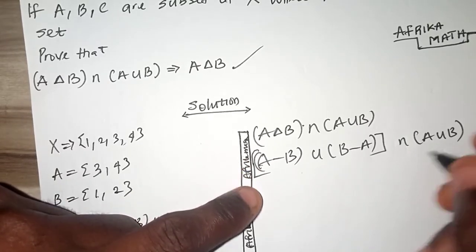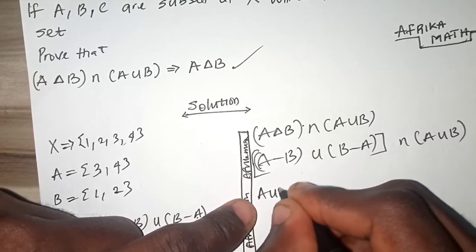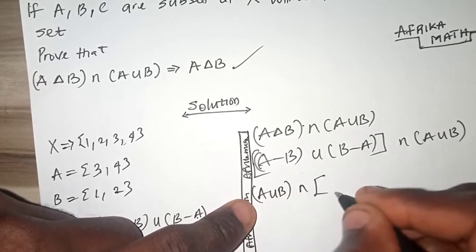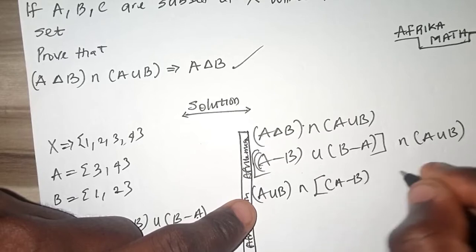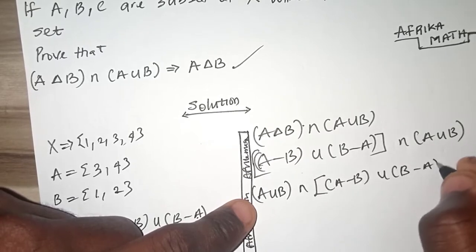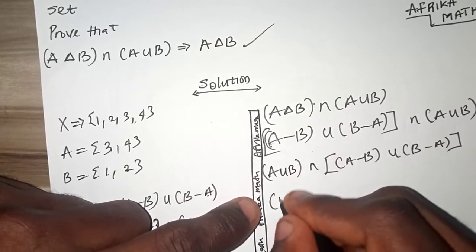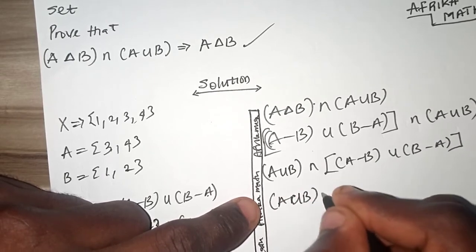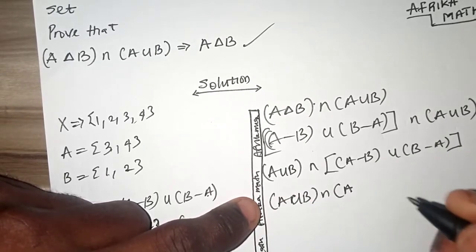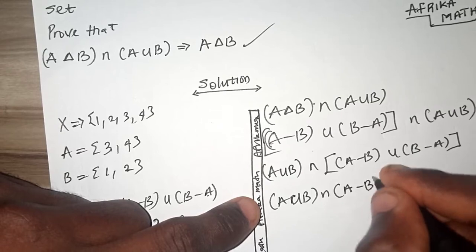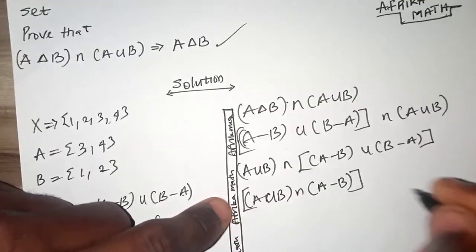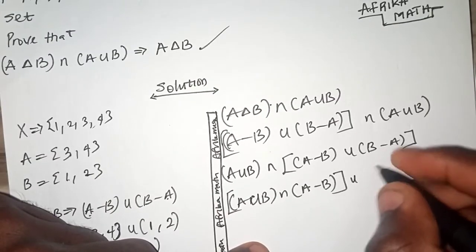Okay, let's use commutative law. A union B intersect bracket A minus B union B minus A. Okay, that will be A union B intersect A minus B.